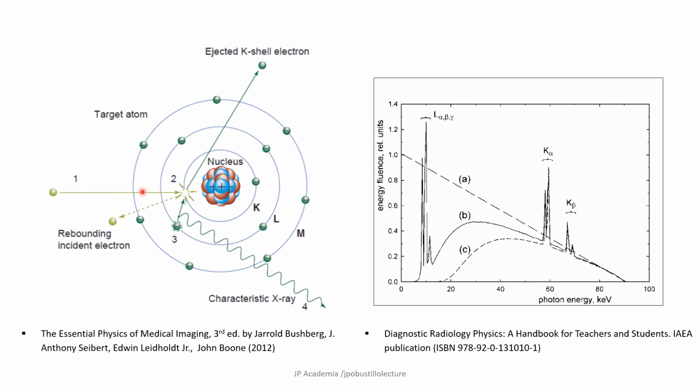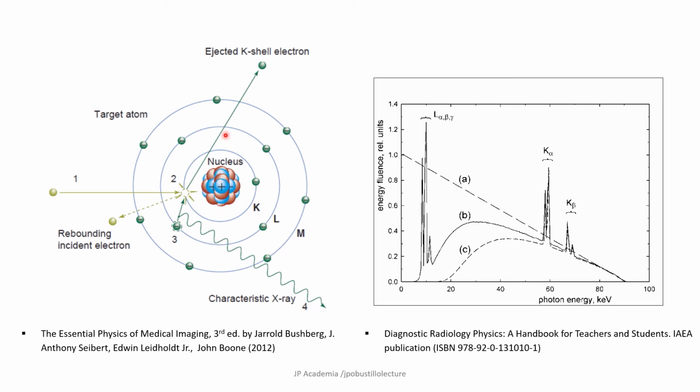A fast electron colliding with an electron of an atomic shell could knock out the orbital electron once its kinetic energy exceeds the binding energy of that electron in that specific shell. For this case, we have the electron from the K shell, which is the innermost shell with the highest binding energy.